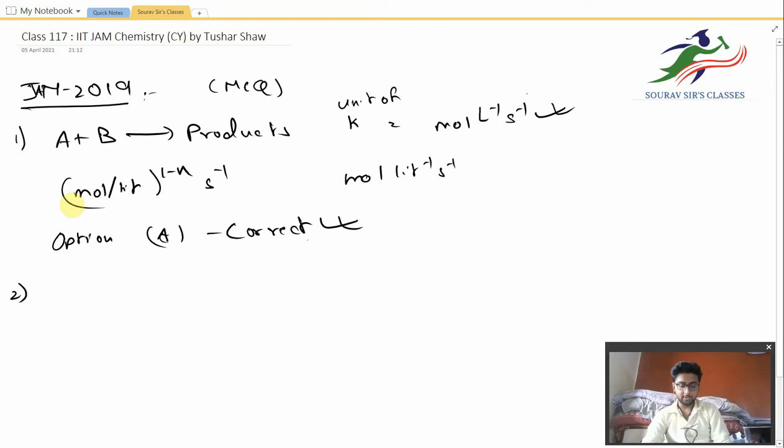Now moving on to the next question, we have the thermodynamic criterion for spontaneity of a process in a system under constant volume and temperature, and in the absence of any work other than expansion work.